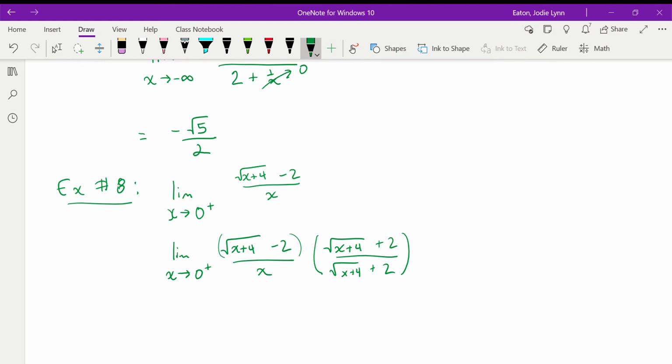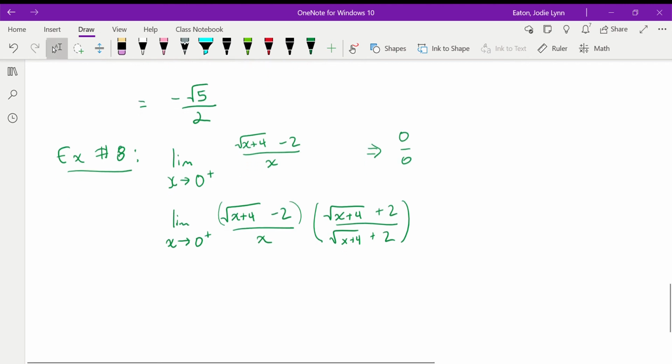Okay? And we do need to do something because, as we could see up here, if we plug in 0, we get 0 over 0. We can't deal with that.